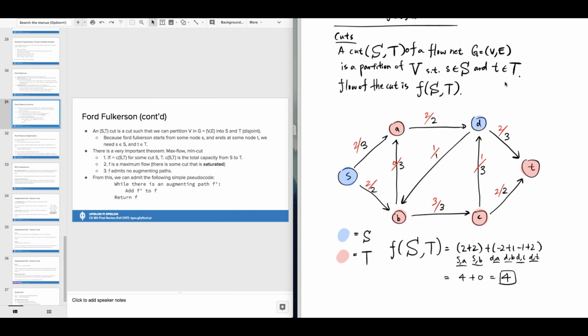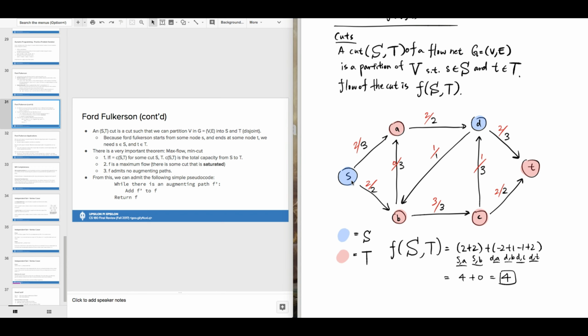And T here is all of the nodes in the sink set. As you can see, we do not need to pick adjacent nodes to be in the S set.